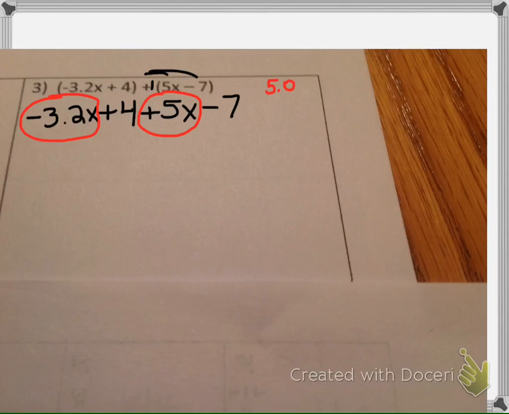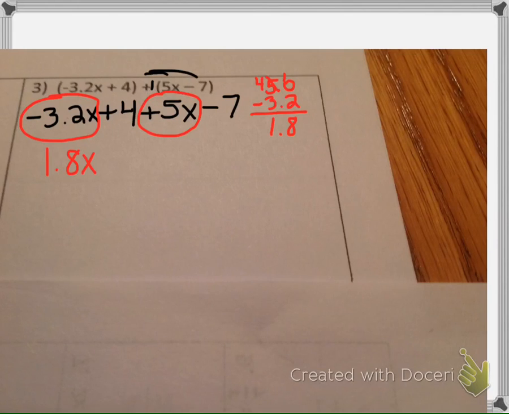And I'm just going to do this on the side. You're subtracting 5 minus 3.2, okay? And you just learned how to do this, although you learned it last year. 10 minus 2 is 8, 4 minus 3 is 1. Bring down my decimal, I get 1.8x.